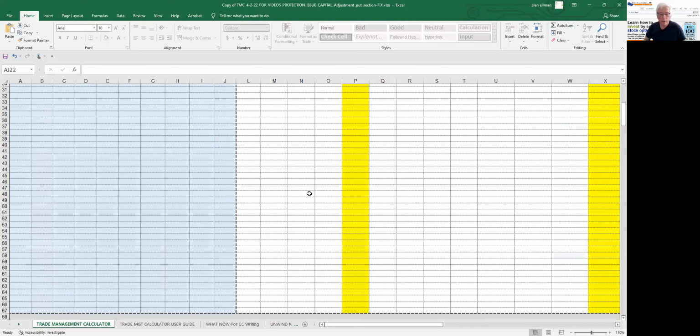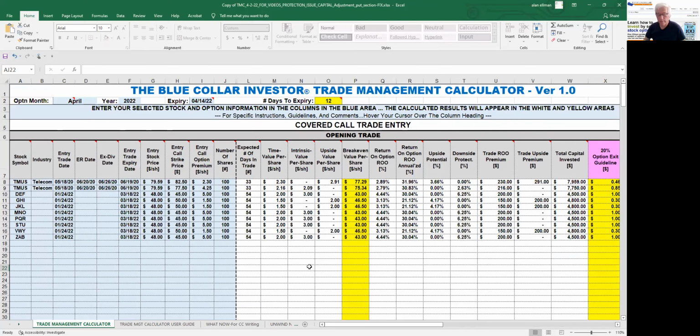Now, before we get to the put section, I just want to mention one thing. We have devised the spreadsheet such that when you print it out, it will print out in 4 sections. So the first section will be sections 1 and 2 left to right.